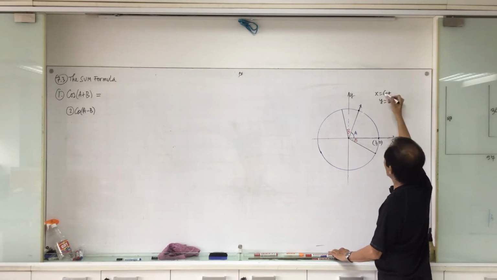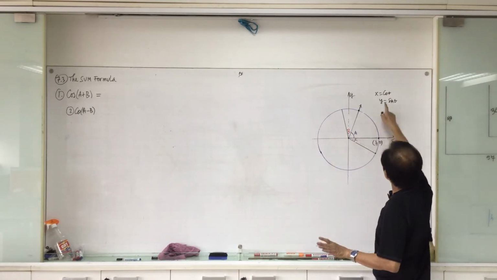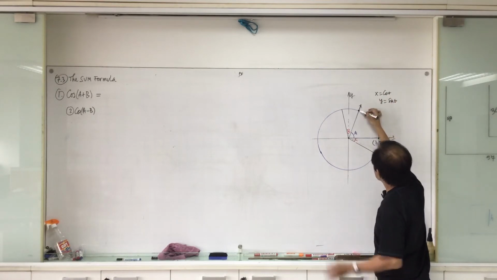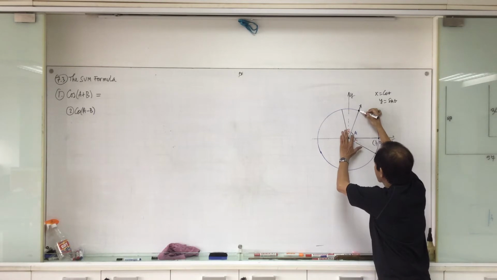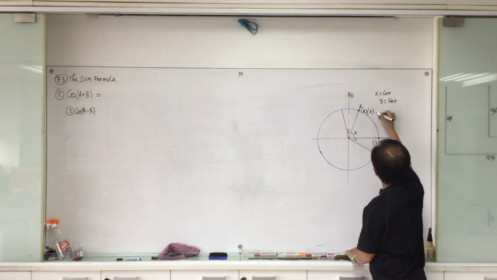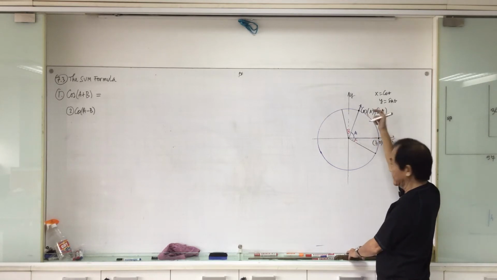Remember, x equals r cosine theta, but r now equals 1, the radius equals 1, so it simplifies into x equals cosine theta. So for angle A, the point here is cosine A for x, comma, sine A for y.